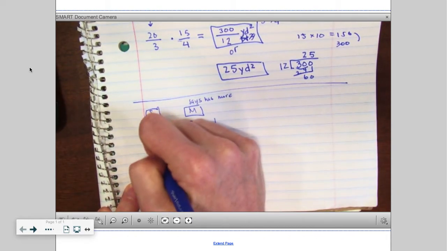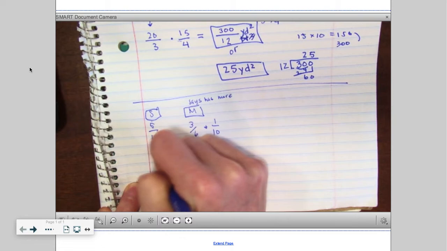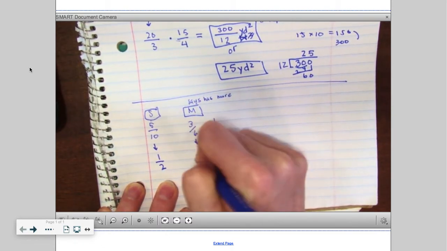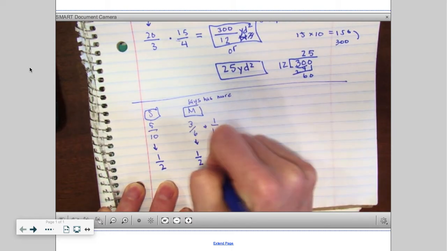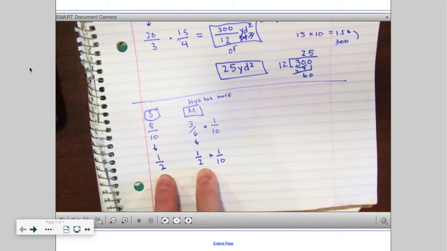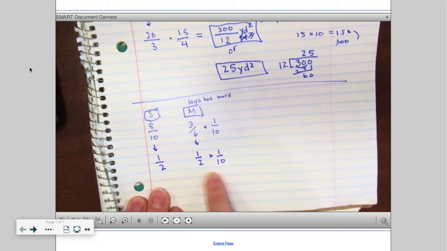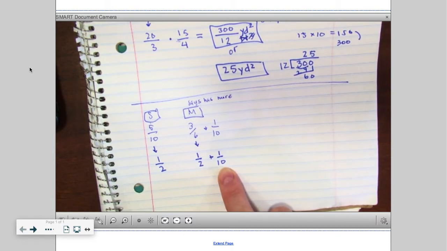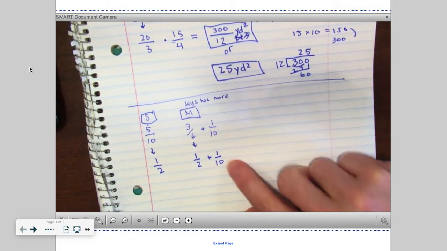I know 5/10 is equal to 1/2. And I also know 3/6 is equal to 1/2. So when I look at it, we both have 1/2, but Miss Mulder has 1/2 plus 1/10. So Miss Mulder says she has more, and yes, she has more. She has only a little bit more, but she still has more.